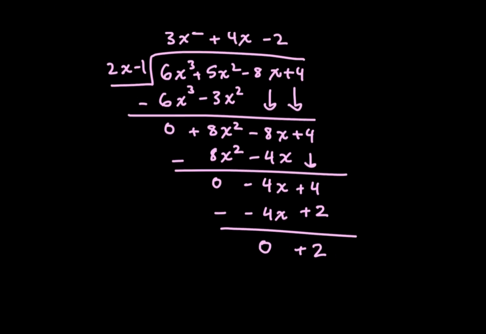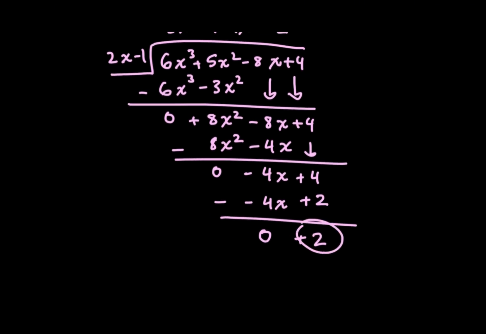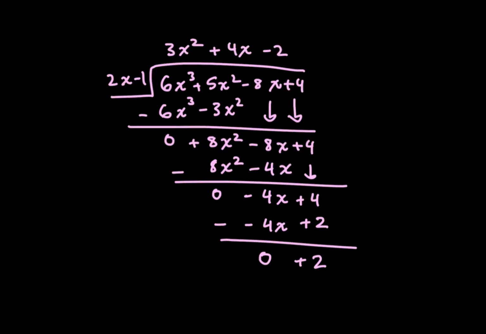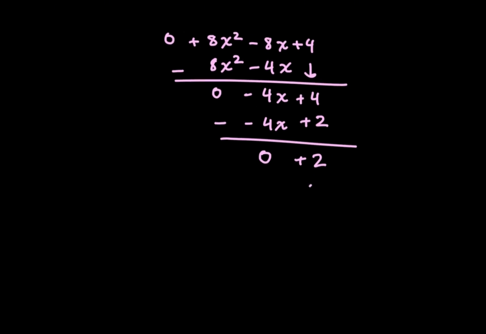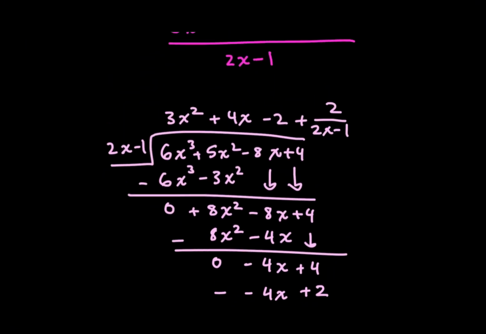Now, you could just say, oh, this is my remainder, so I just divide it by 2x minus 1. Or you repeat the process all over again, and you ask yourself, what do I multiply by 2x minus 1 to give me 2? And that's just 2 over 2x minus 1. And so you're left with 2, and then you subtract, and your remainder is now 0, and you're happy. There are no more steps that you have to do, and your answer is all up here on top, and that's it.